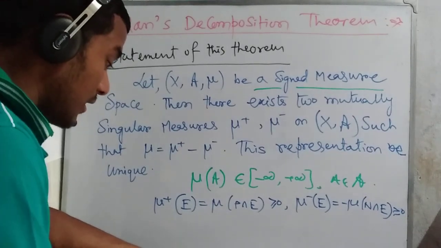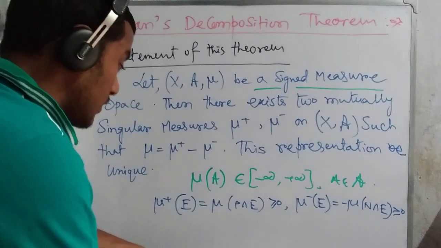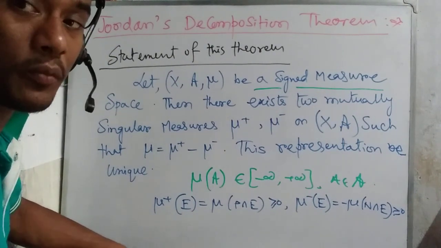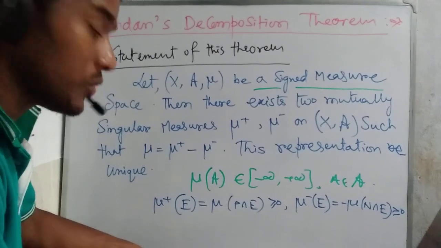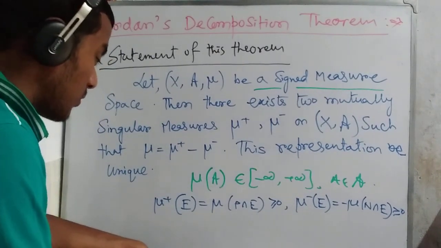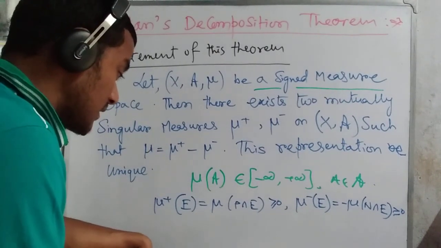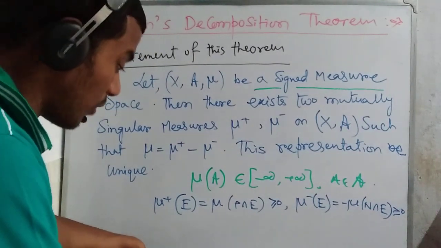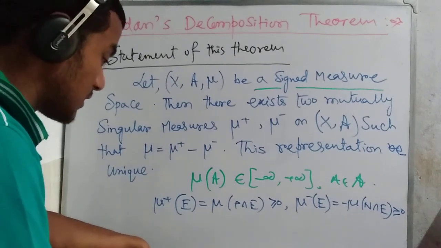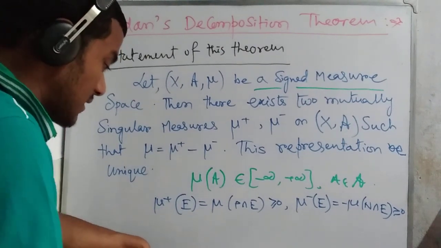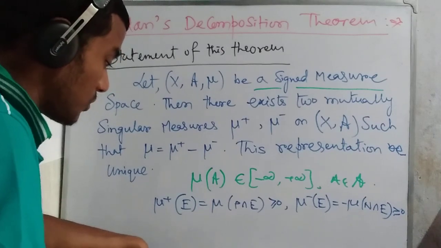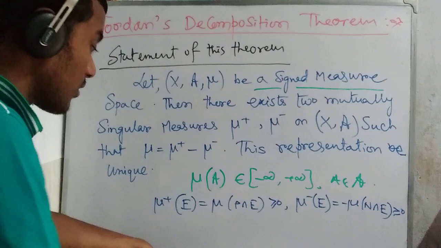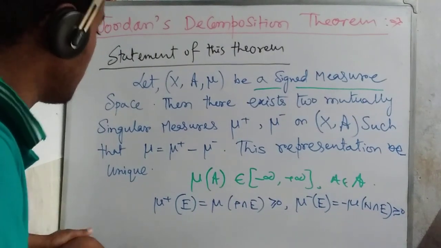But in the Jordan decomposition theorem, the measure is decomposed into two variations, the positive variation and the negative variation. Obviously this representation is unique.